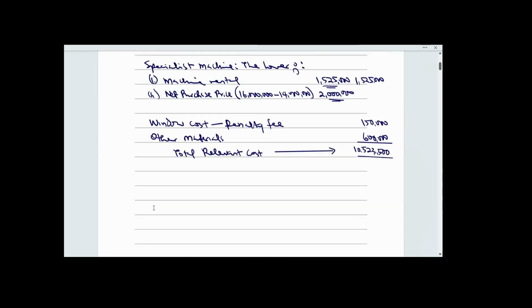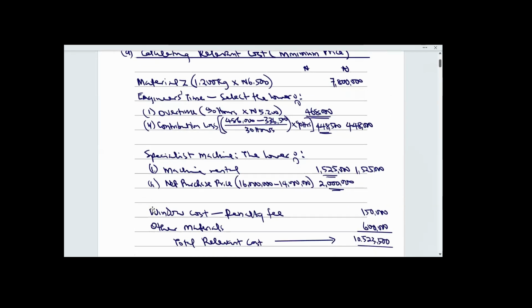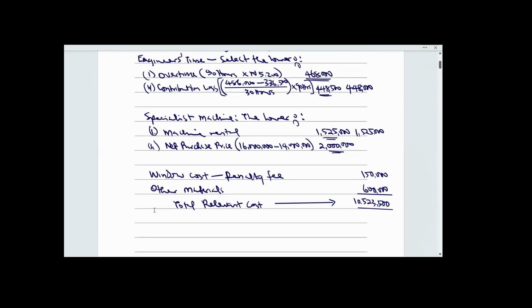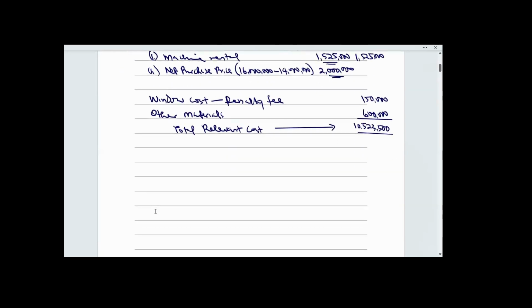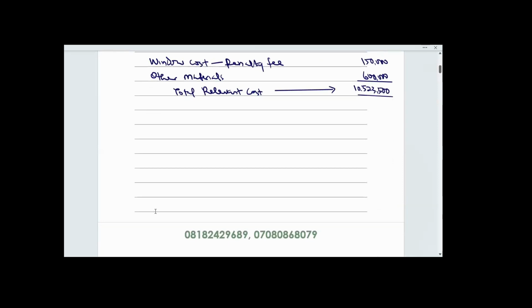Now, like I said, you can see how big the question is and look at our calculation, very small. The next thing we need to do is to state our assumptions. I will then say assumptions.